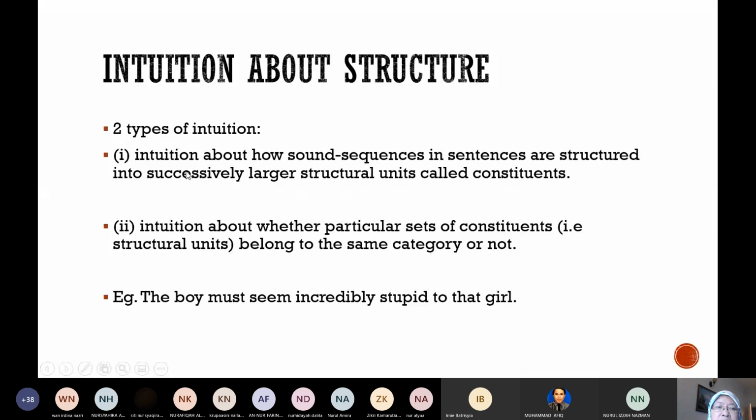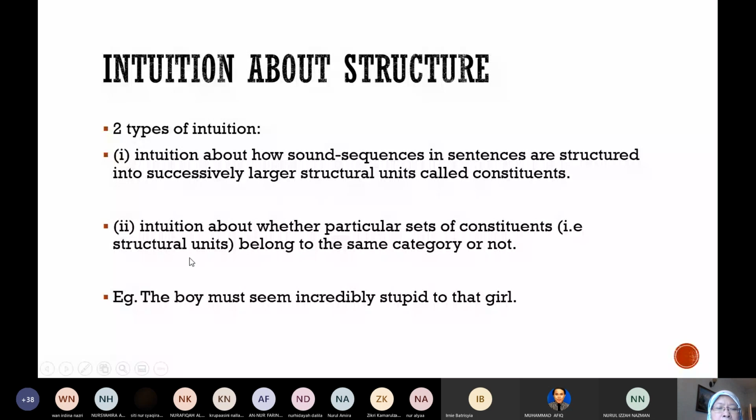So as we can see in the long sentence just now, there is a long sound sequence, a long horizontal order of words in that sentence. Right? So they contain structure units, and then the structure units get higher and higher. So from word level, it becomes phrase, it becomes sentence.